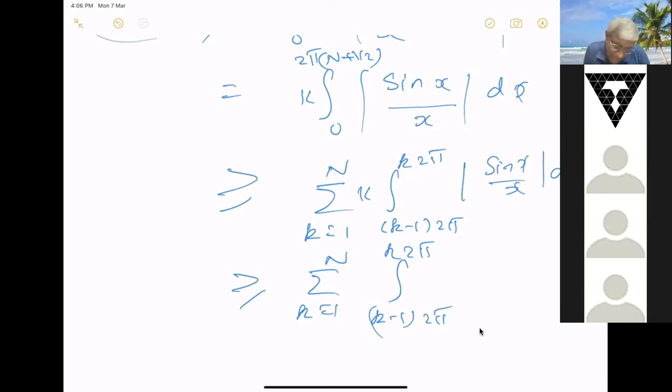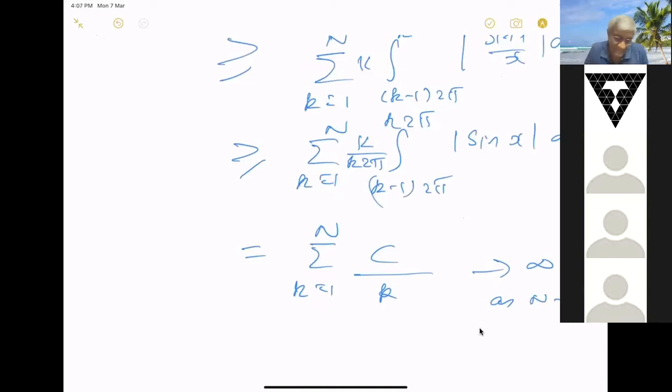But this sin x is integrated between some integer times 2 pi to the next, (k minus 1) 2 pi to k 2 pi. And you know that that value is something greater than 1, some number. So all these things are greater than or equal to the summation k equal to 1 to n of some constant c times k, which goes to infinity as n goes to infinity.